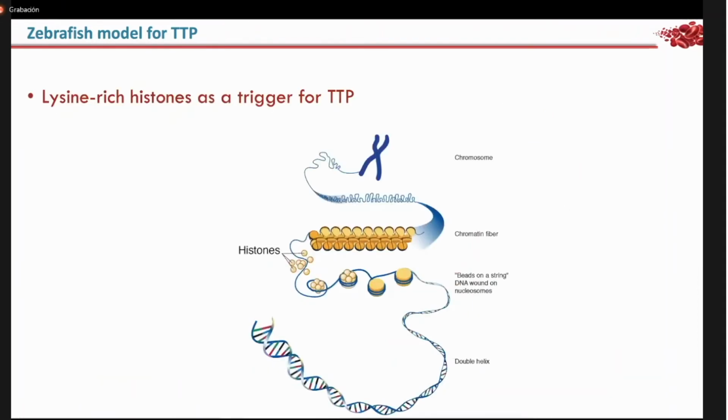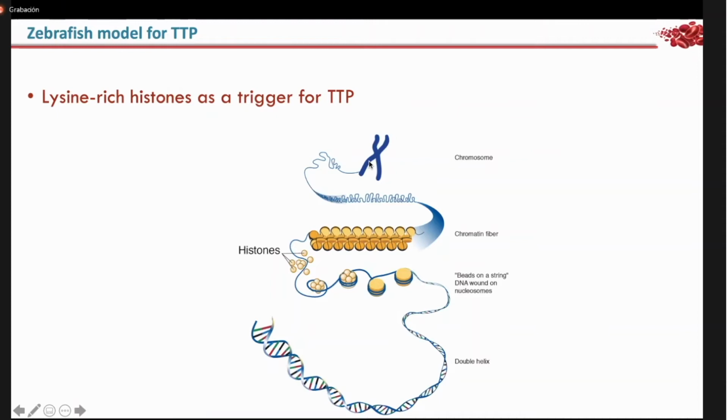The zebrafish model was developed by the group of Xinglong Zheng in the US, as I said, and they reasoned that maybe a trigger for TTP could be histones. Just a reminder, a histone is a protein found in the cell nucleus that is highly positively charged and that is present to wind the DNA, so that the DNA that is 1.2 meter actually can be compressed in a chromosome which then fits in a cell nucleus.